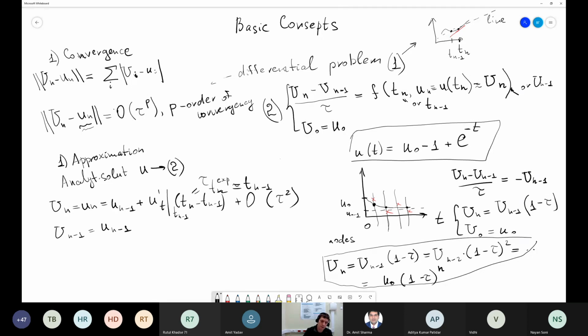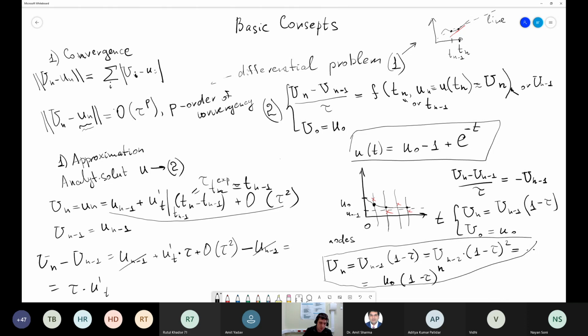And this is the tau. So let's calculate u_n minus u_{n-1}. This is u_{n-1} plus the first derivative multiplied by tau plus O capital of tau squared, minus this value u_{n-1}. We will obtain tau multiplied by the first derivative with respect to time plus O of tau squared.